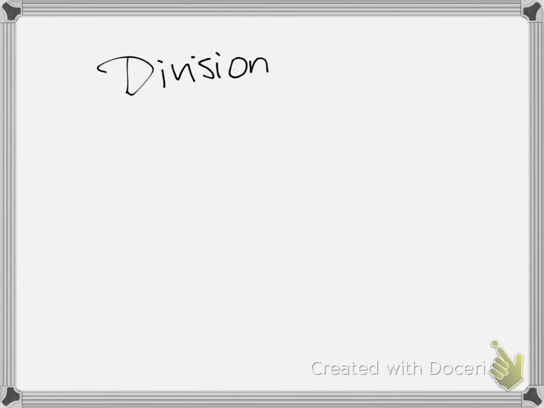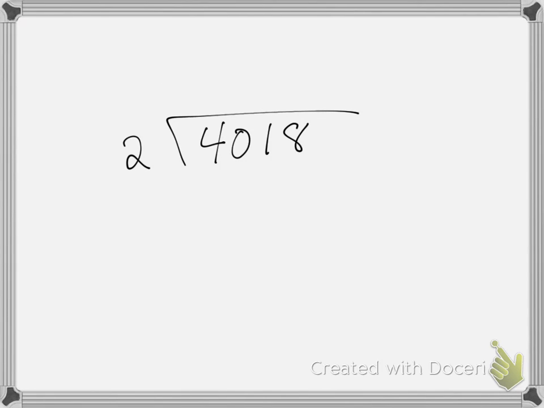So we'll take an easy number. All right. How many groups of 2 are in 4? 2, 4, 2 groups. We then multiply. 2 times 2 is 4, and then we subtract 0.